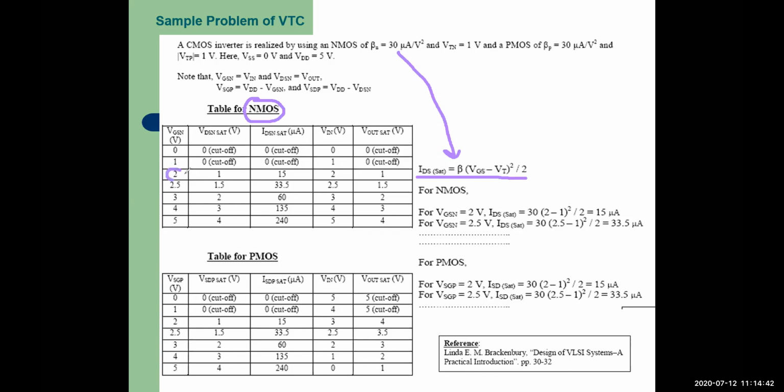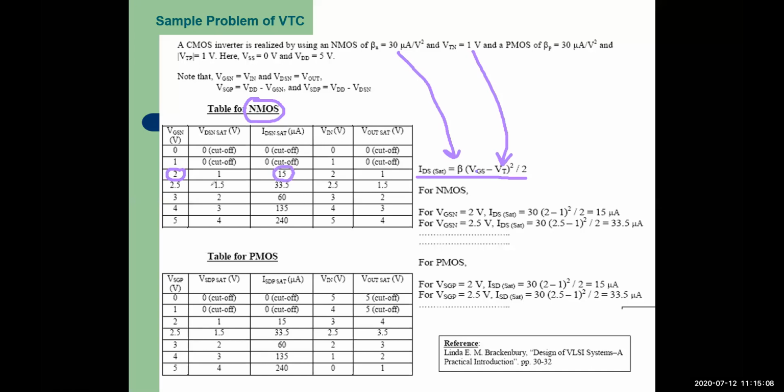VGS was 2. What is VT? VT is equal to 1. Whole square divided by 2. Remember, this square is only on this bracket, VGS minus VT whole square. This is not on 2. This is not on beta. Remember this. Do not make this mistake. People make this mistake. If you calculate, your value will be 15.